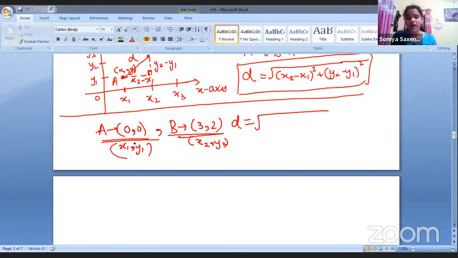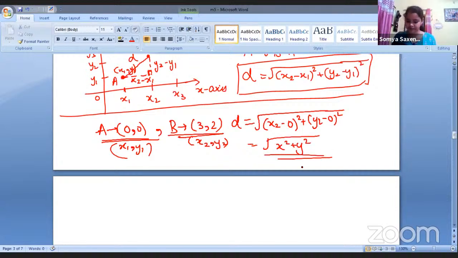So if we have to subtract 0, it would be the same as this. So instead of x2 and x1, we can write x2 minus 0 plus y2 minus 0, because we have the origin. Now, what are we left with? Simply this. So this is the distance between points A and B.